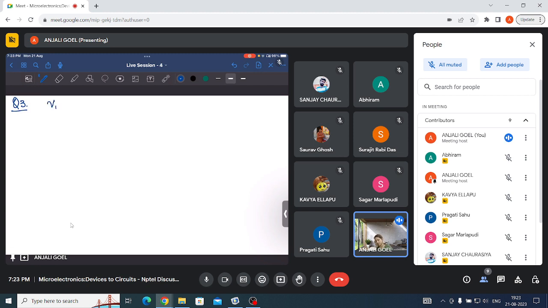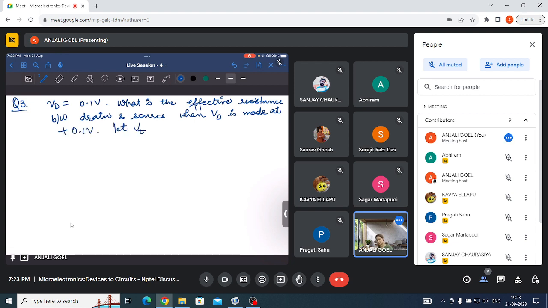Okay, so your Vd is 0.1 volt. You have to find the effective resistance between drain and source when Vd is made plus 0.1 volt.